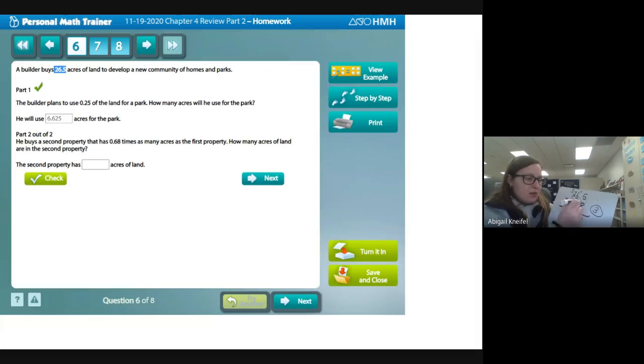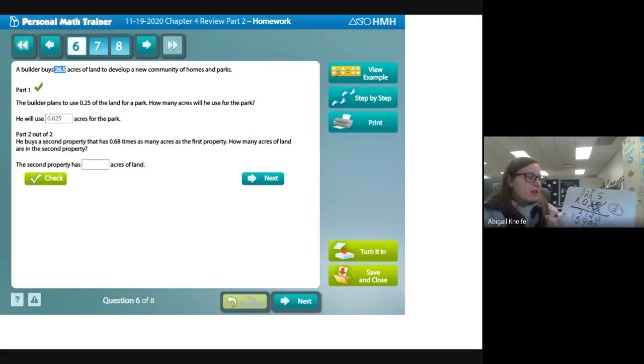Drop in my 0. We're done multiplying the 8. Now we're moving on to the 6. 6 times 5 is 30. Carry my 3. 6 times 6 is 36, plus 3, which is 39. Carry. 6 times 2 is 12, plus 3 is 15. Drop in 2 zeros.